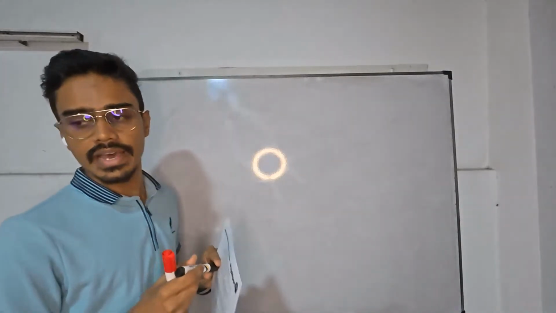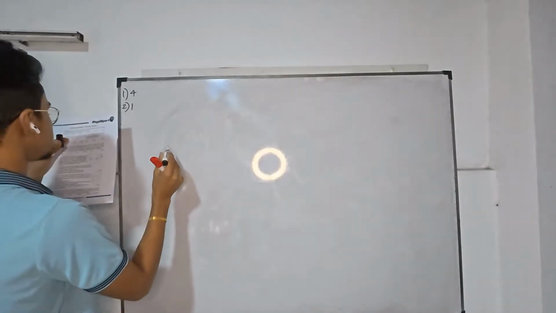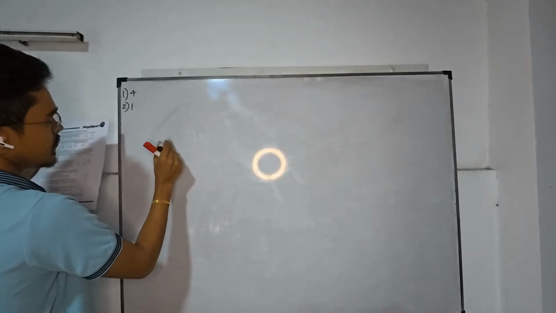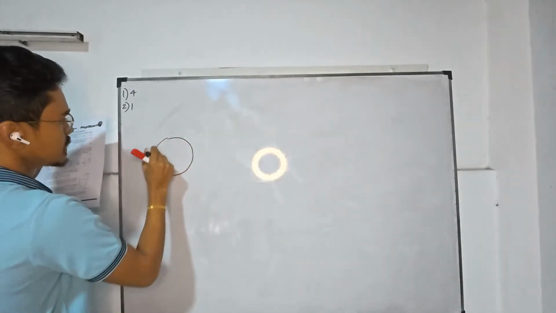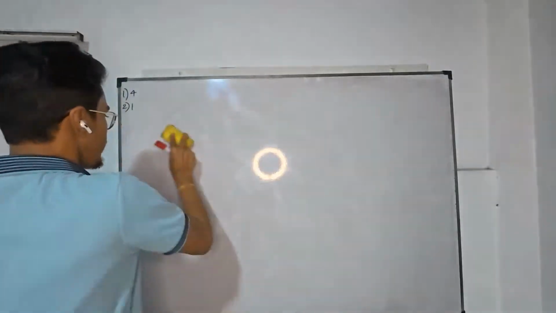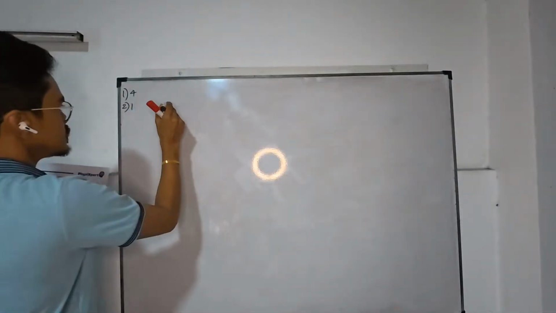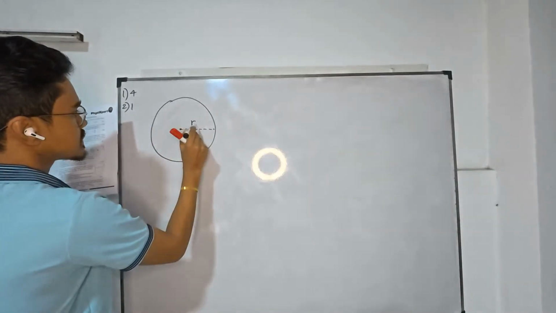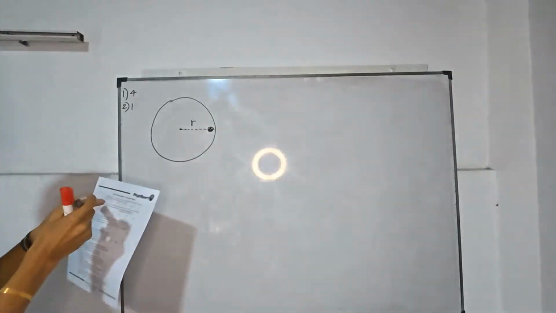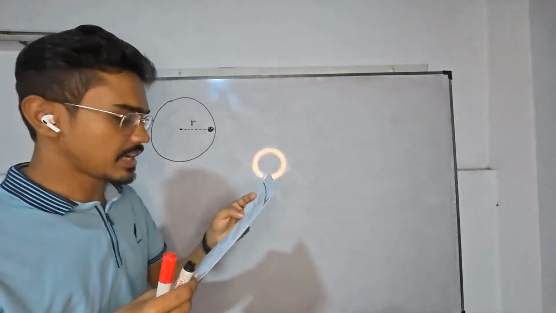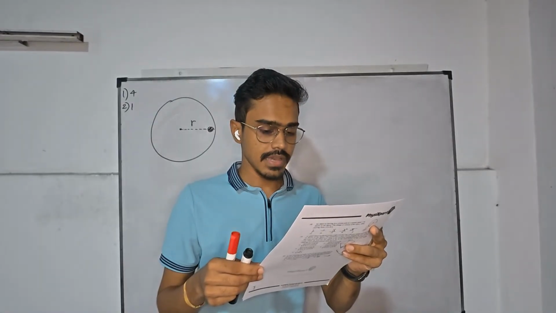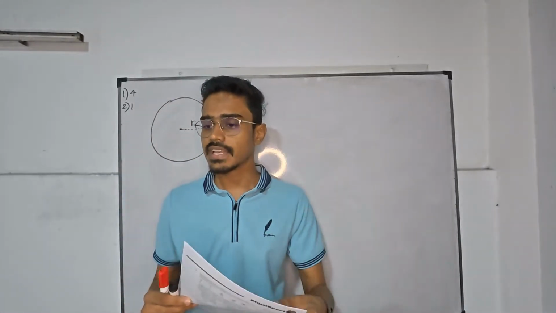So let's have a small diagram first. The mass is on a table. In the first scenario, it is kept at a distance r from the center of the table, and only if the table is rough can the mass start to slip.